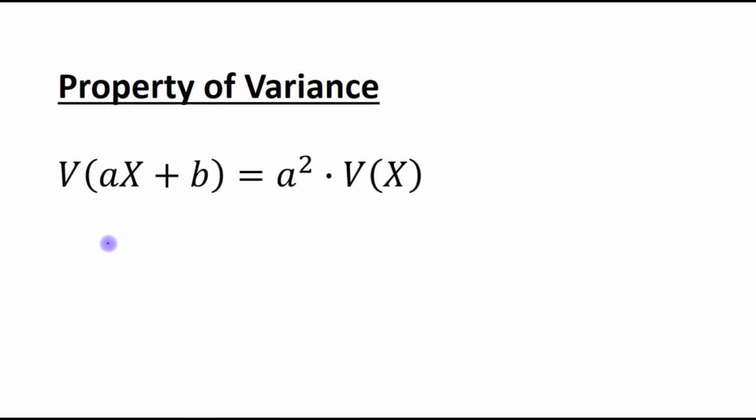Next we have the property of variance, which is variance of ax plus b equals a square times variance of x. Let's see its proof. Let z equal ax plus b.